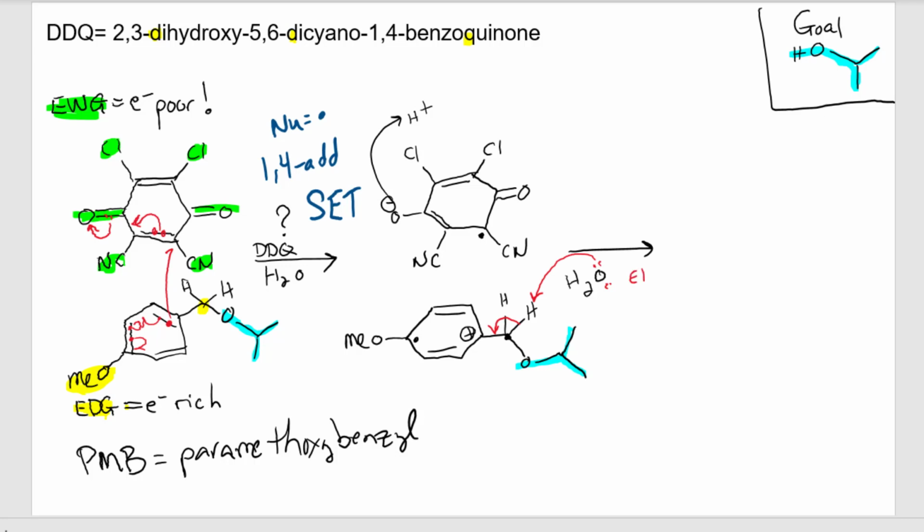This is like an E1 here, and this is just acid-base chemistry. Notice that I'm generating H3O plus in the removal of this proton, and so that's the H plus I can use to protonate that other oxygen on the DDQ.